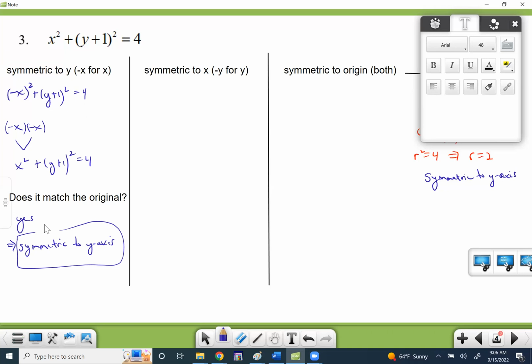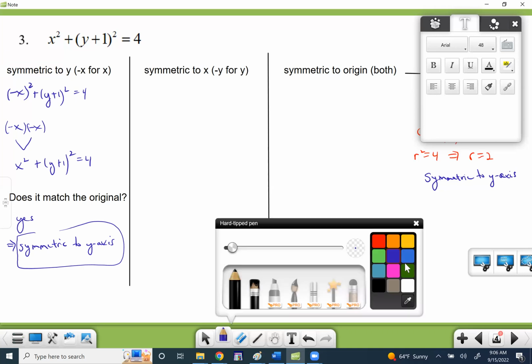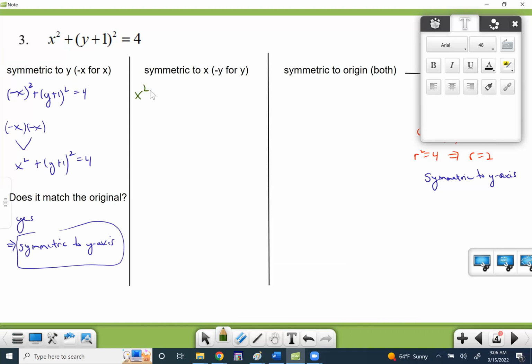Okay. All right, then let's go in here and see if they're symmetric to the x. So we're going to substitute a negative y for the y. And I think we can already see, right?